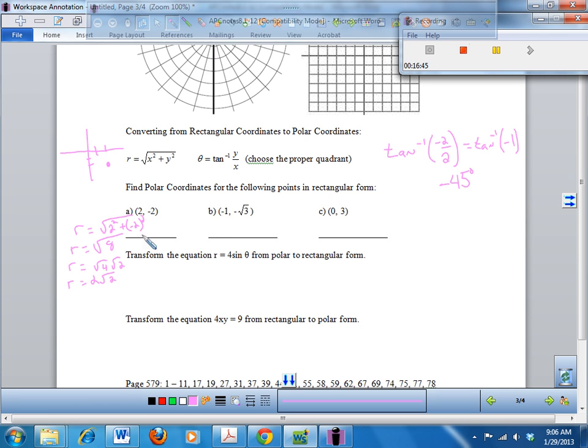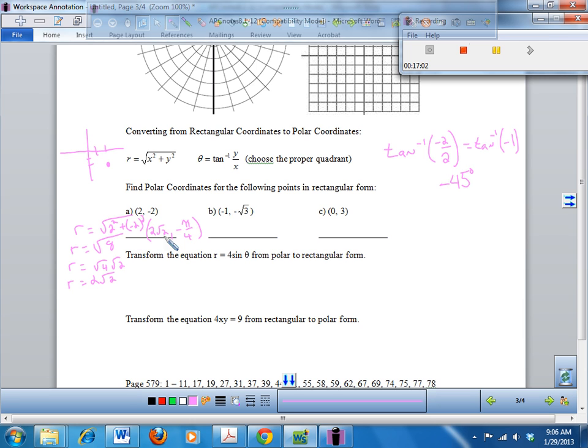So that's okay in this case. So to turn this from rectangular form to polar form, it's going to be 2 root 2, comma, negative 45 degrees, or negative pi over 4. You follow what I did?